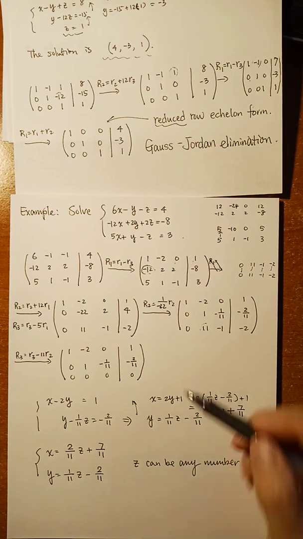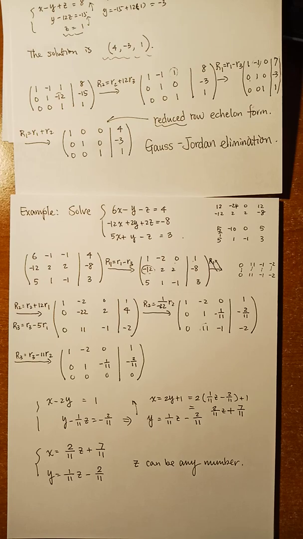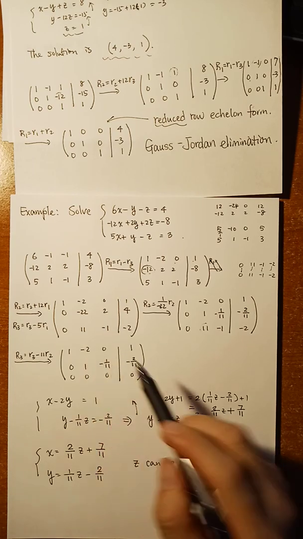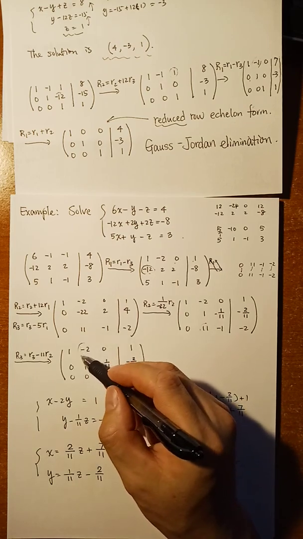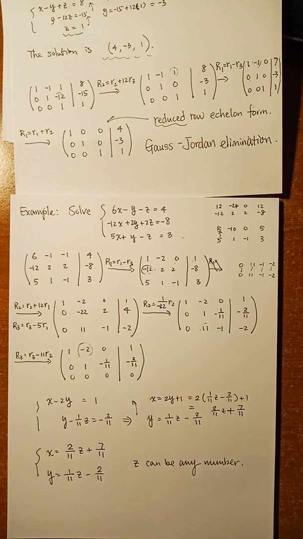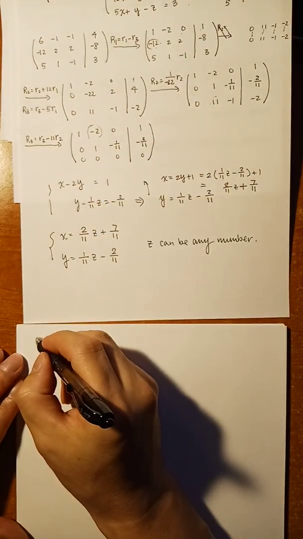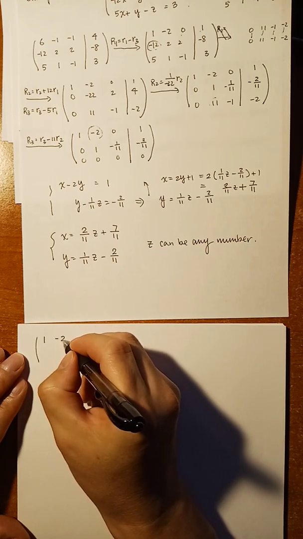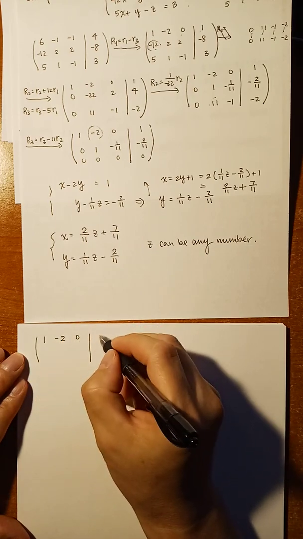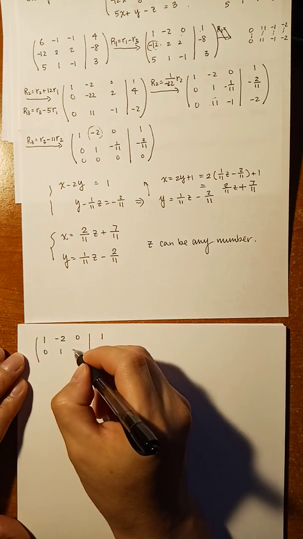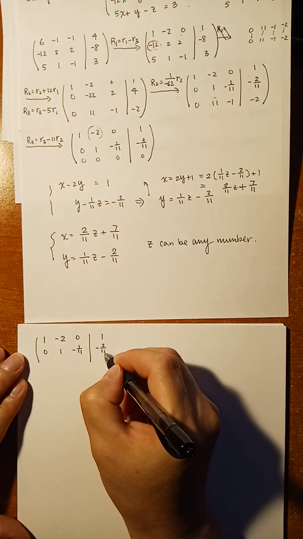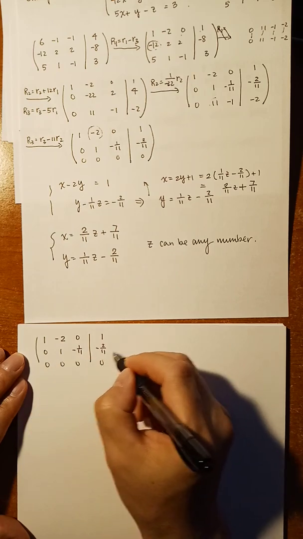And if we want to use the reduced row echelon form, here it's not reduced. Why is it not reduced? This position is not 0, right? Let's see how we get those expressions or answers. Let's continue here. We have 1, -2, 0, 1, 0, 1, -1/11, -2/11, and 0, 0, 0, 0.